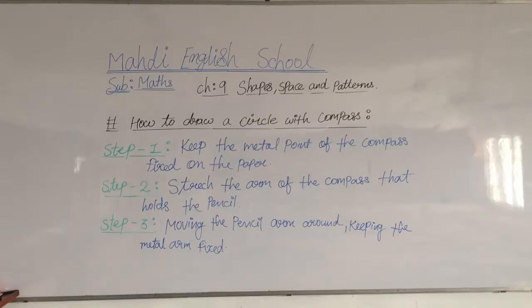Keep the metal point of the compass fixed on the paper. Then stretch the arm of the compass that holds the pencil. Then for step number 3, move the pencil arm around, keeping the metal arm fixed. This is an easy method and an easy step.